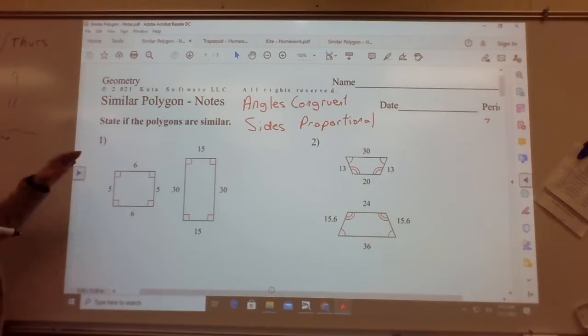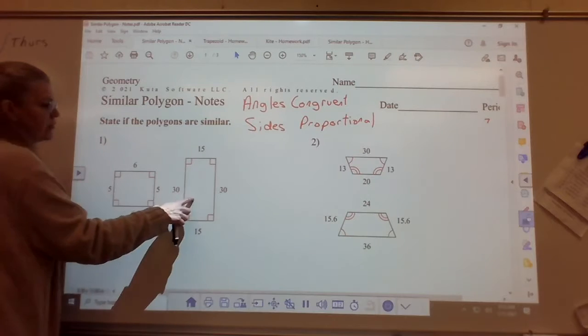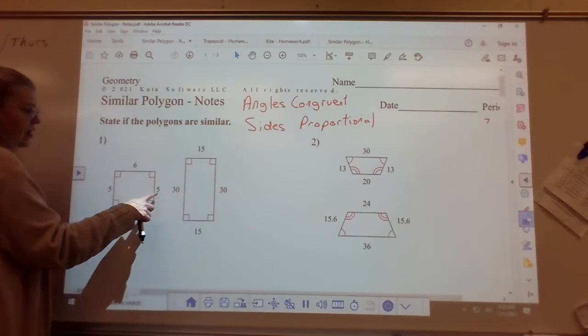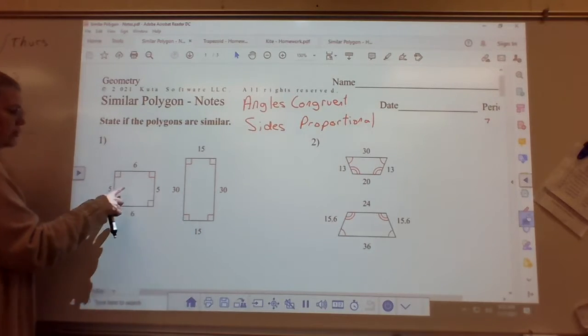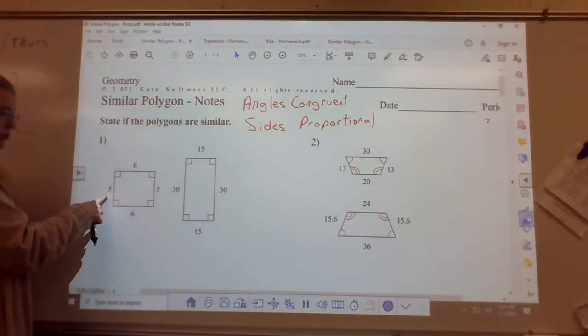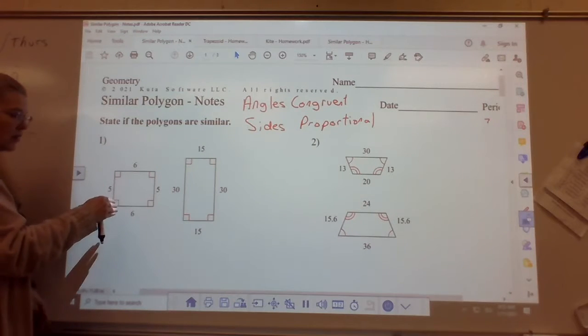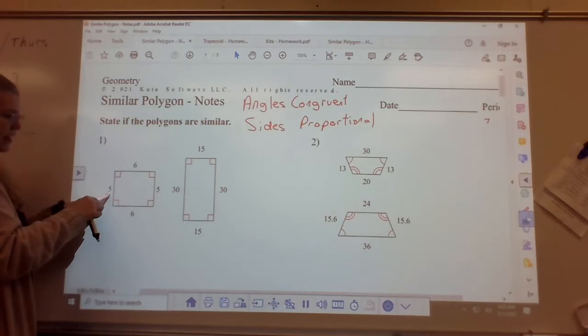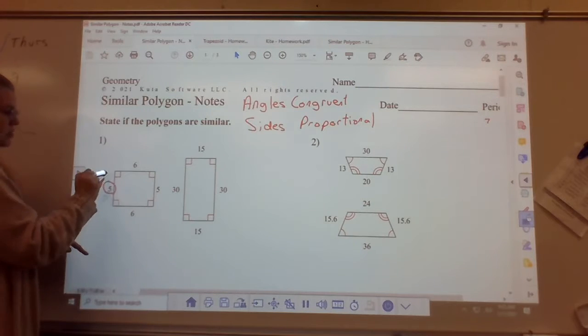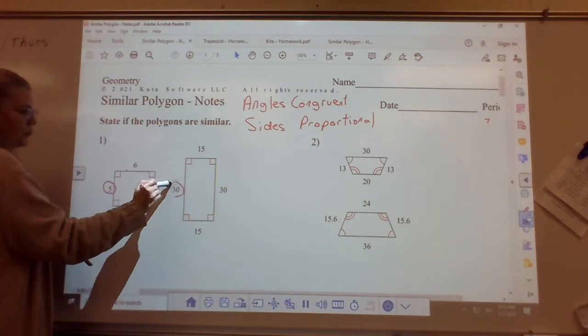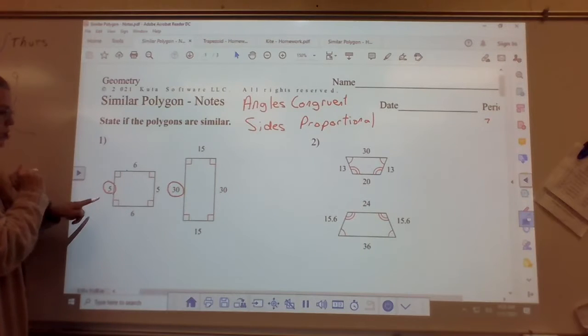On this first one, I've got these two different rectangles. I want to set up two different fractions to see if this is proportional. Now you've got to get them lined up right. 5 is the smallest number here. 15 is the smallest number here.